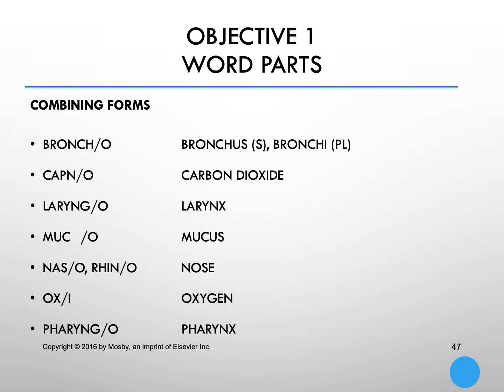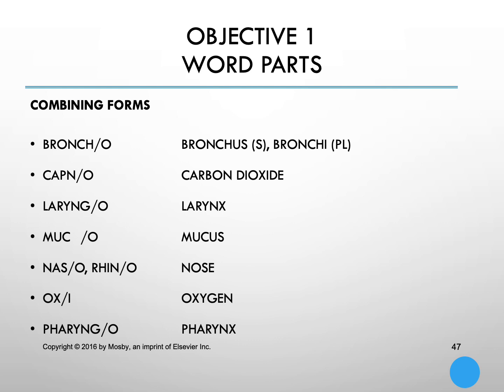Bronchus is one, bronchi, more than one. Capno. Capno is the combining form or root word for carbon dioxide. Laryngo sounds a lot like larynx. That's pretty easy for me to remember. Muco is the combining form for mucus.